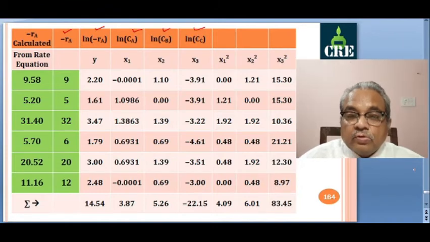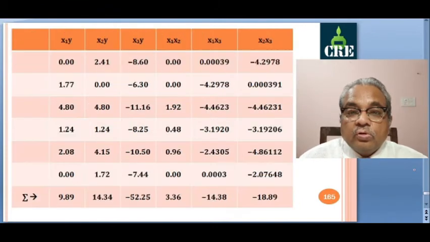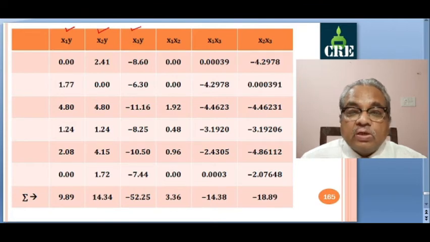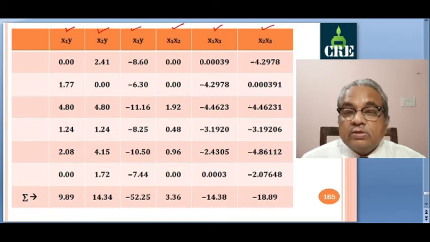Again we have to determine a few terms: x1 into y, x2 into y, x3 into y, so sigma of x1y, sigma of x2y, sigma of x3y. We also need x1x2, x1x3, x2x3, so sigma of x1x2, sigma of x1x3, and sigma of x2x3.